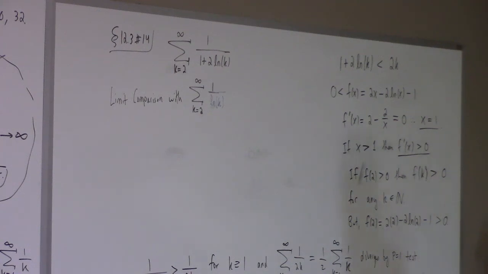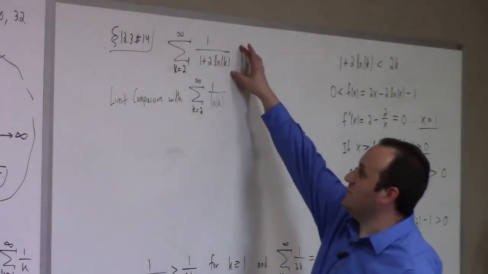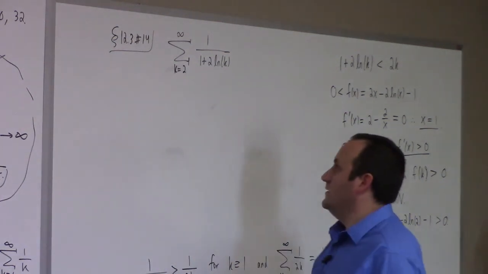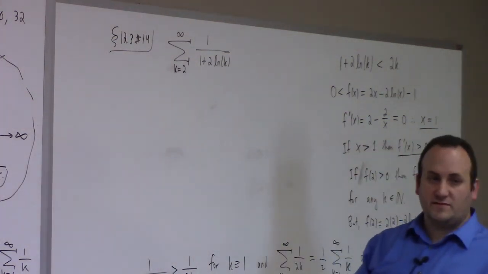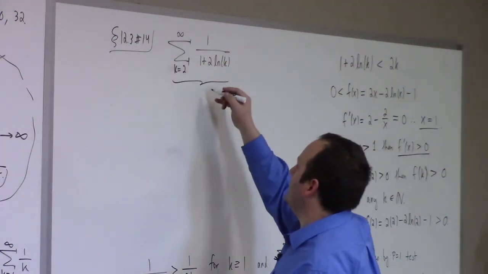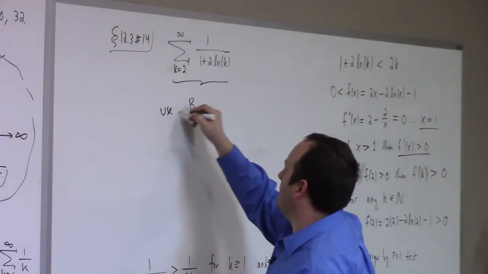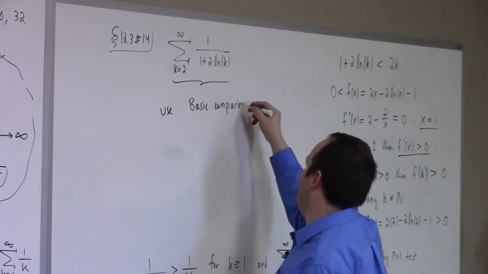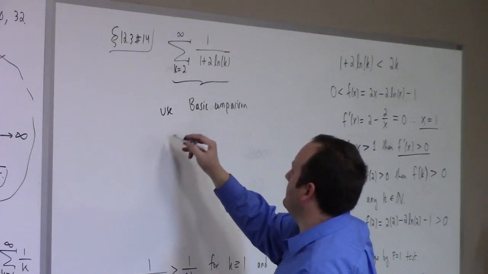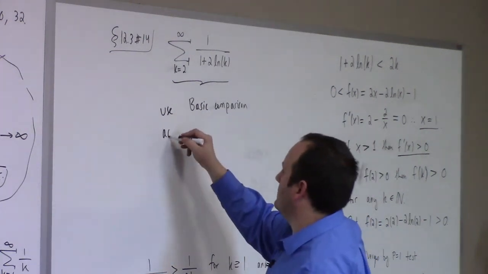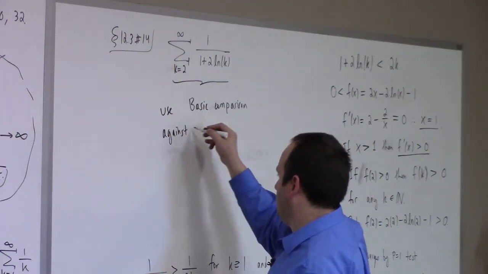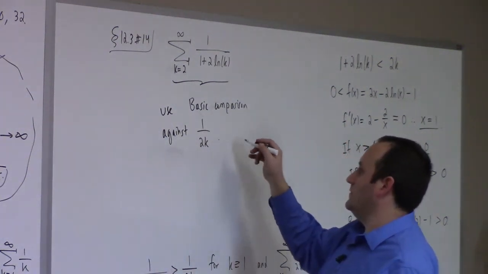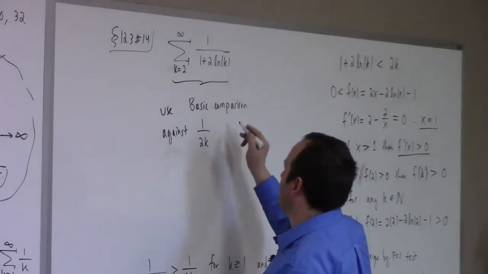Thankfully, a student earlier suggested that we should use the not limit comparison. Oh, no. For this one, I would suggest direct comparison, or basic comparison, against 1 over 2k.